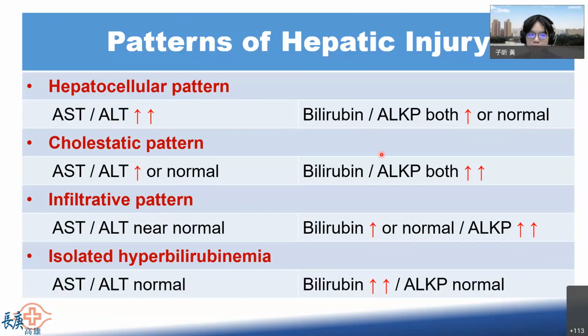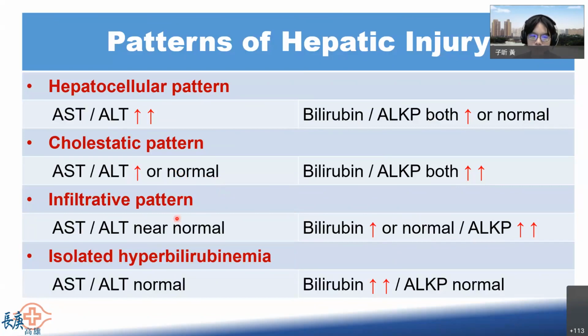Another pattern is a cholestatic pattern. Cholestatic pattern means that the bilirubin and alkaline phosphatase are both markedly elevated, and the AST, ALT may be slightly elevated, or they may be normal as well.